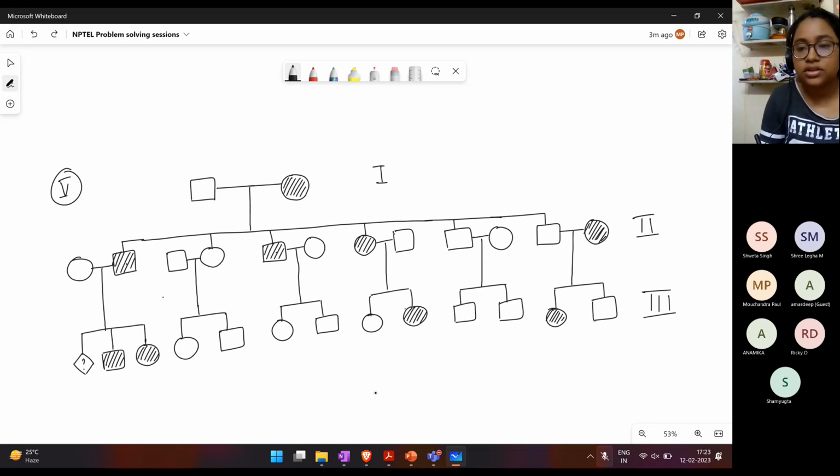Take a few minutes and try to understand what the inheritance is here, whether it is autosomal, whether the genotype is dominant or recessive, or whether it is related to the sex chromosome. Take a few minutes, like 2 minutes maybe, and then I'll start explaining this. If you have a pen and paper with you, or just have a quick look at the pedigree.